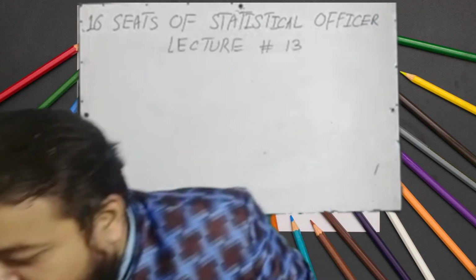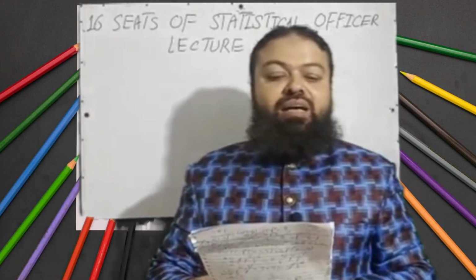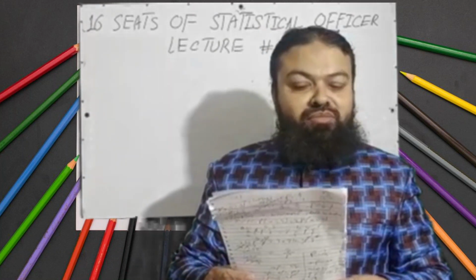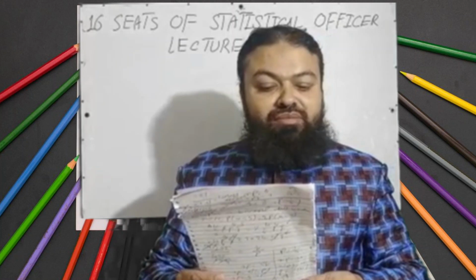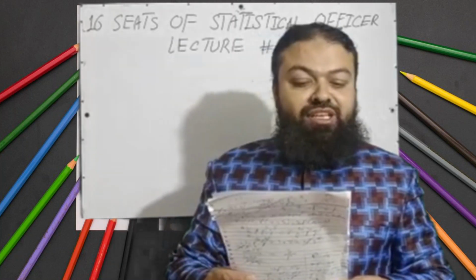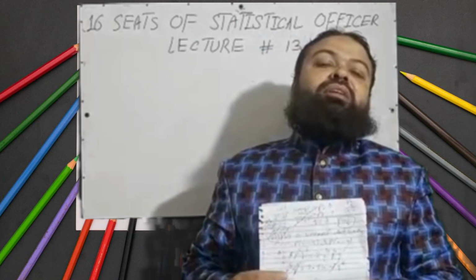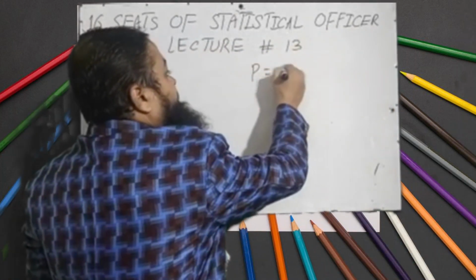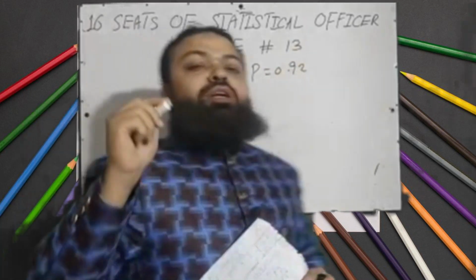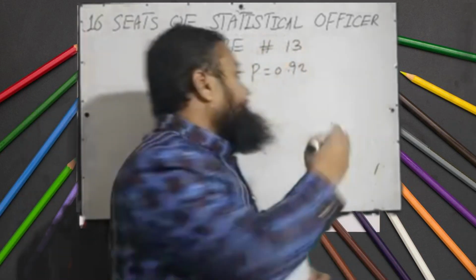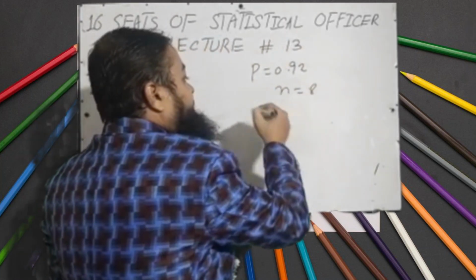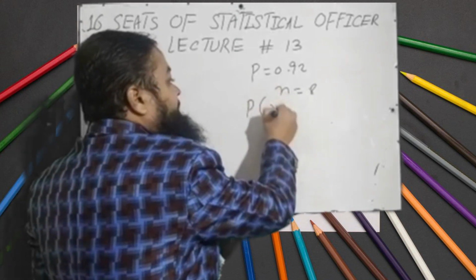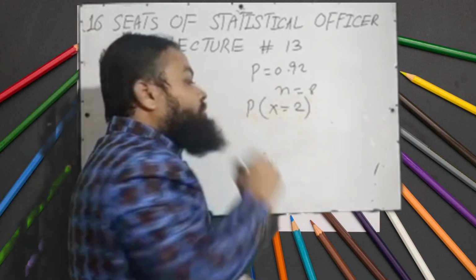Let's start. Question number 1 of today's lecture is: a binomial random variable is a continuous random variable, b ordinal random variable, C dependent variable, D discrete random variable. Dear students, if there are 92% chances of the survival of a patient for a particular disease and there are 8 patients in a hospital and you are to estimate the probability of 2 patients who will survive.